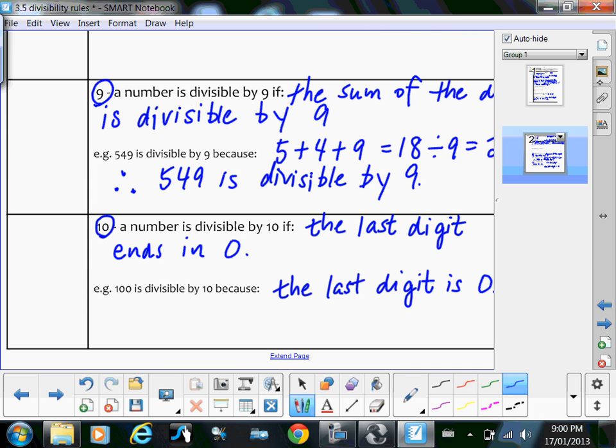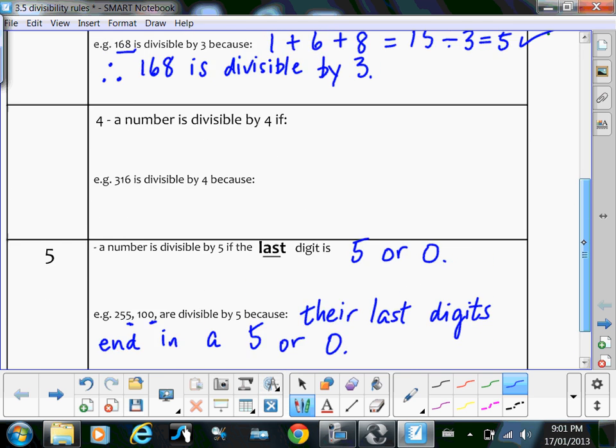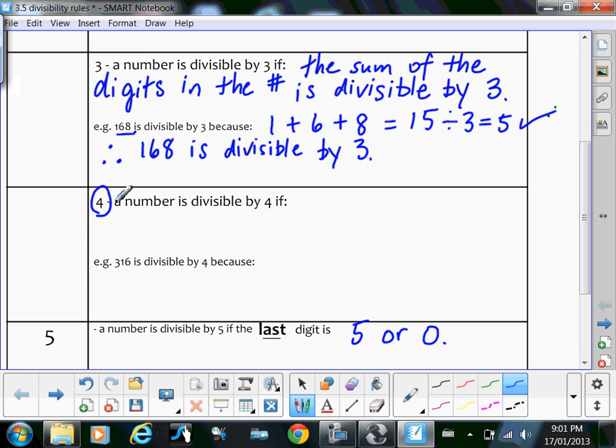Now, let's go back to the other page and let's talk about the divisibility rule for 4. Now, the divisibility rule for 4 is the following. A number is divisible by 4 if the number formed, it's not the sum this time, it's the number formed by the last two digits is divisible by 4.